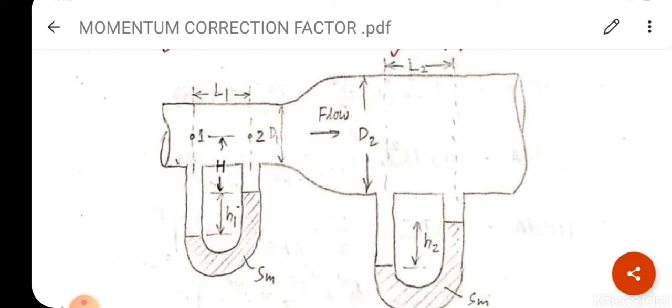Two limbs or two manometric fluids are deflecting. There are two pipes, and these are connected in series. There will be deflection in the first pipe or first manometric fluid, that is H1, and next is pipe 2, where the deflection will be H2.